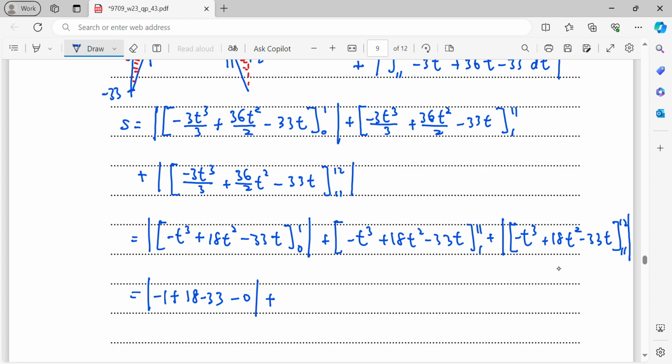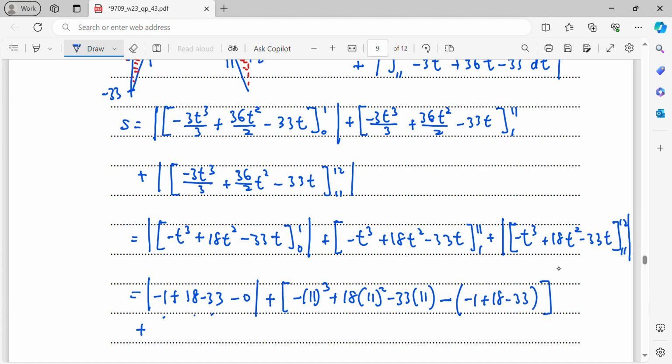So negative 11 cubed, then plus 18 times 11 squared minus 33 times 11. Then all of this, you have to minus the value when t is 1. So when t is 1, basically you just copy the previous values. That means minus 1 plus 18 minus 33.